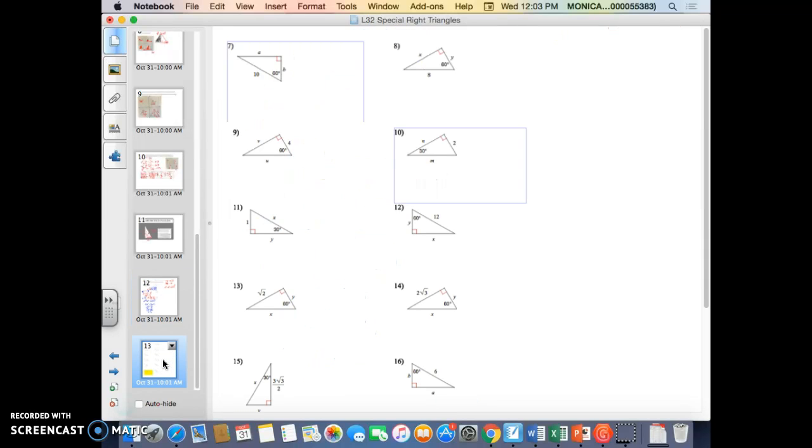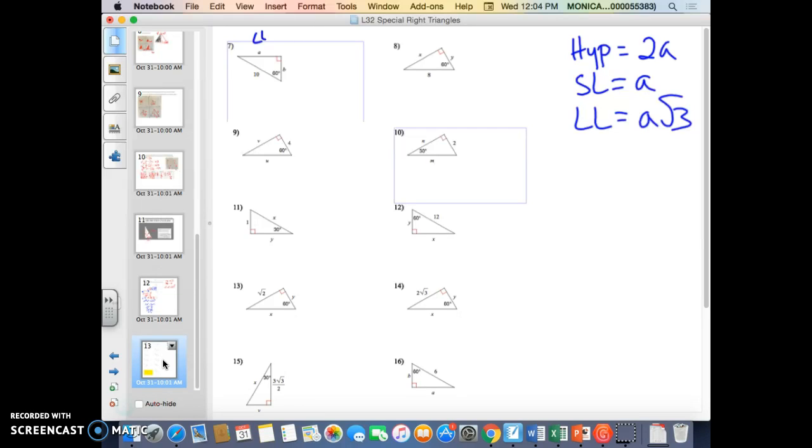Moving on, these are going to be 30-60-90s, okay? And so the special relationship we have to remember is that the hypotenuse equals 2a, the short leg is a, and the long leg is a times the square root of 3. So in this case, the first thing I would always do is label this 60 degrees.